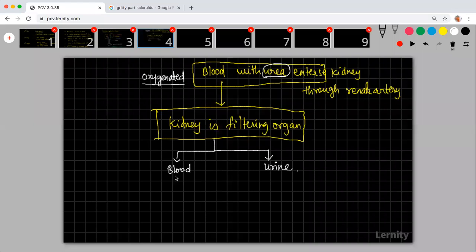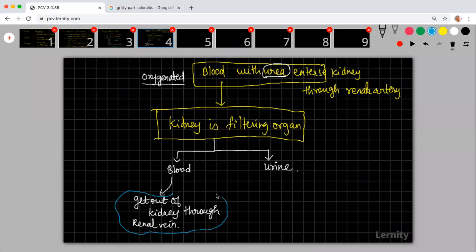So this blood will get out of kidney through renal vein. What sort of blood it will be?